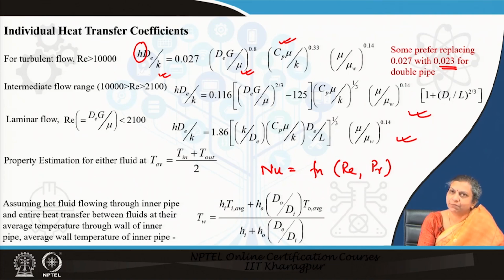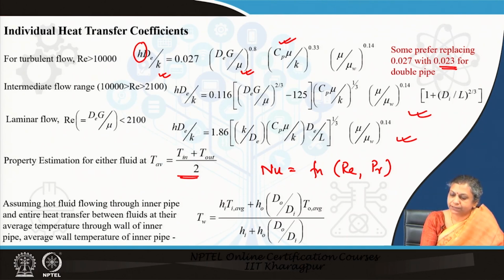This I had mentioned in the beginning of the previous class when I had shown you the design problem which you are supposed to work out as we progress with the discussions of the design. Remember one thing, for both the inner and the outer fluid, the properties should be evaluated at the average temperature, which is nothing but T in plus T out divided by 2.